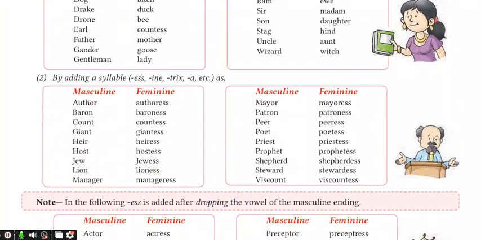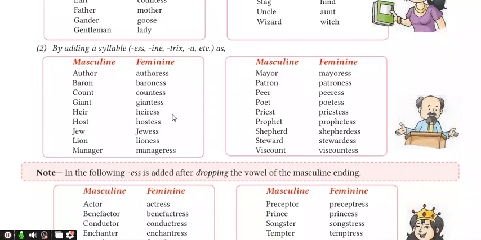And the second way is that sometimes we add ess, ine, trix, etc. As author becomes authoress, baron becomes baroness, count becomes countess, mayor becomes mayoress, patron becomes patroness, poet becomes poetess, prophet becomes prophetess, viscount becomes viscountess. These are examples where we are adding or changing syllables of the feminine.